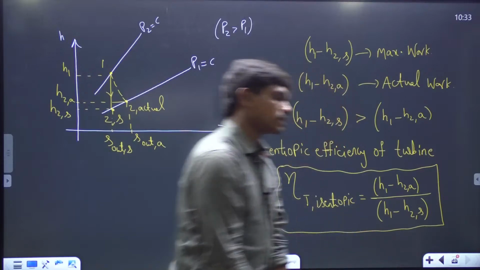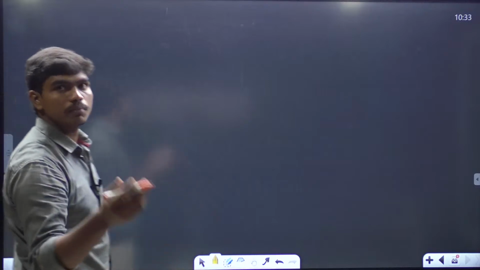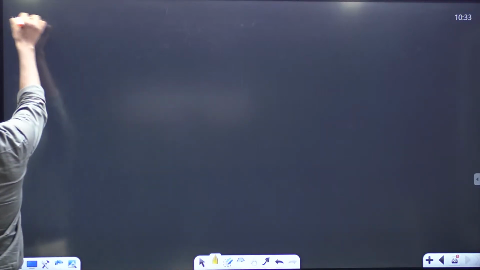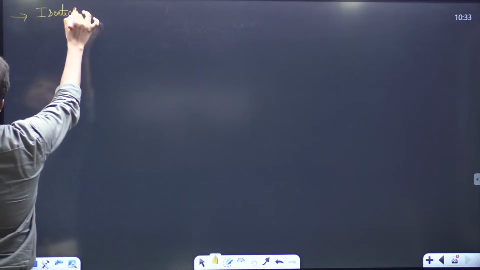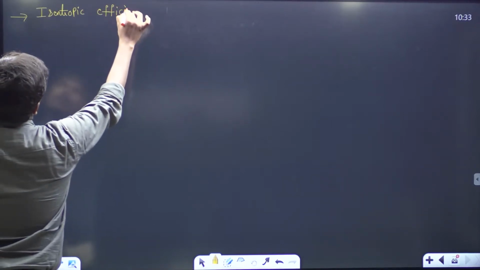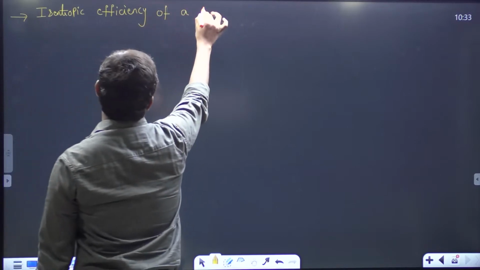Now we'll go for the compressor, the isentropic efficiency of a compressor, which is also an important thing when you deal with the Brayton cycle, gas power cycles basically.